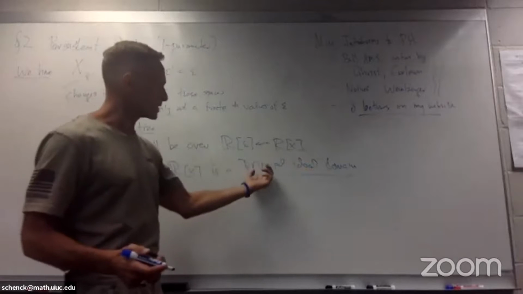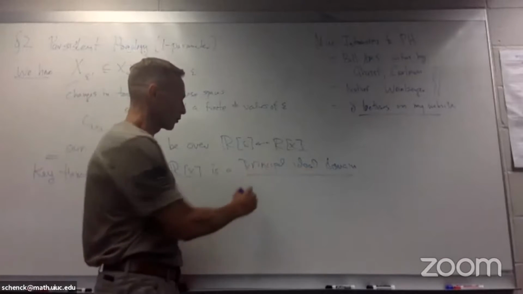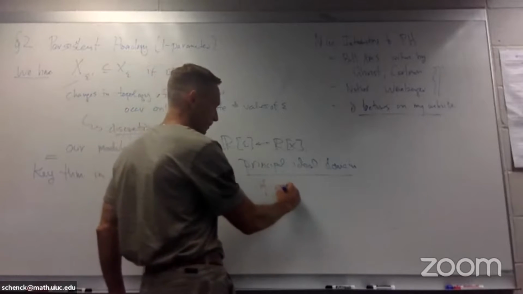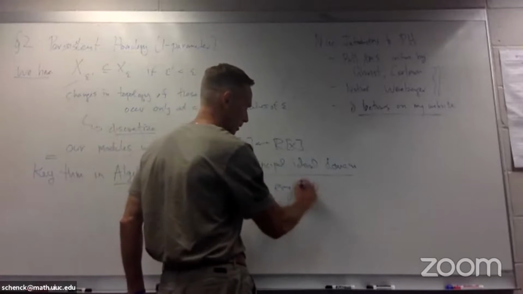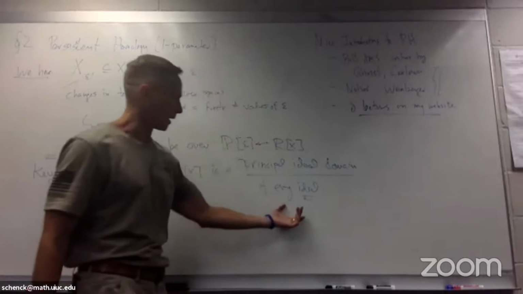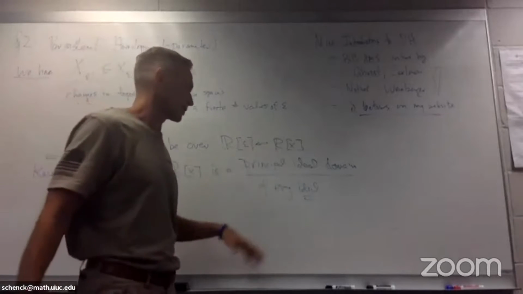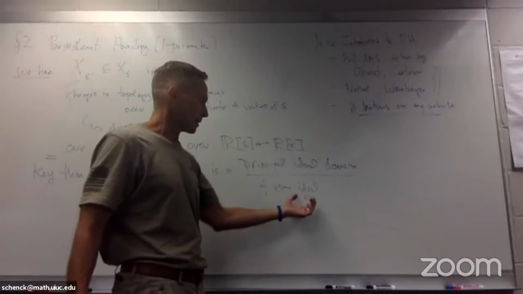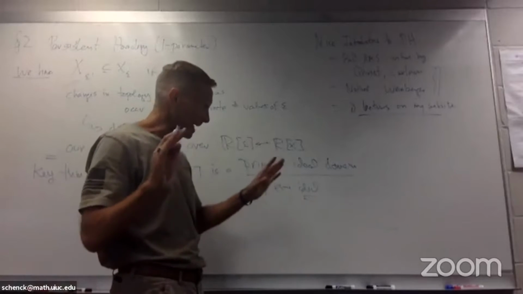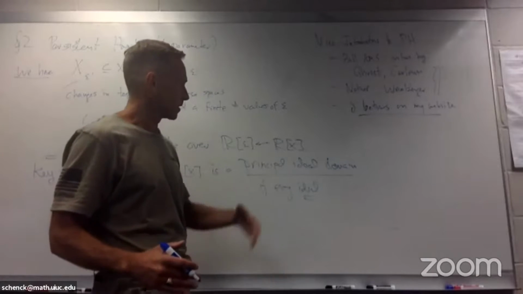A ring is a principal ideal domain if every ideal is principal. An ideal is a subset of the ring. Essentially, the analogy, if you're not an algebraist, is that an ideal is like a vector subspace of the ring.